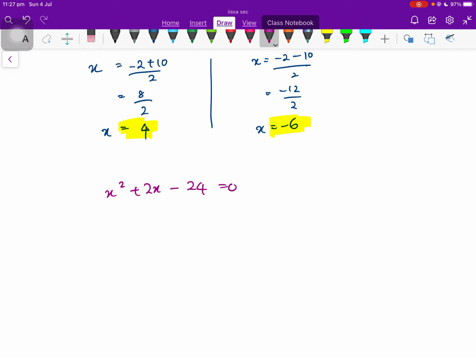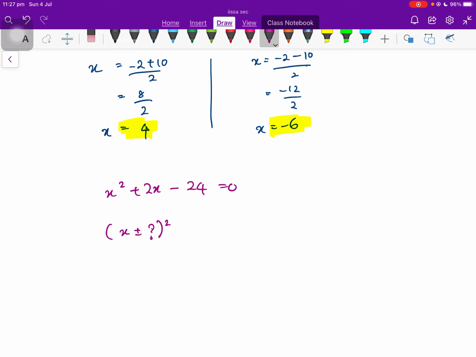For completing the square, we always want to write an equation in terms of x plus or minus some number, to the power of 2.